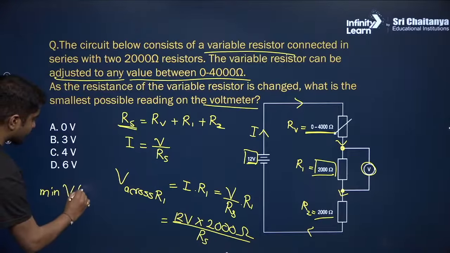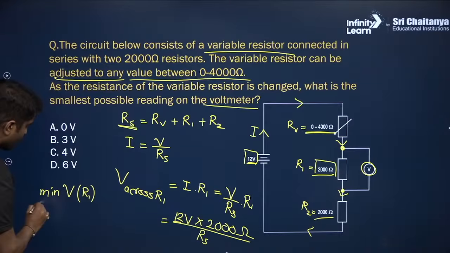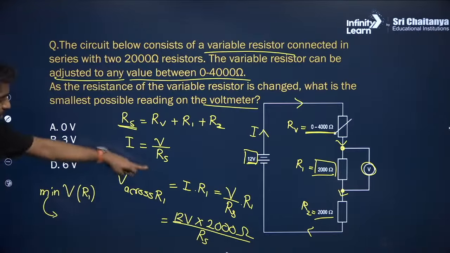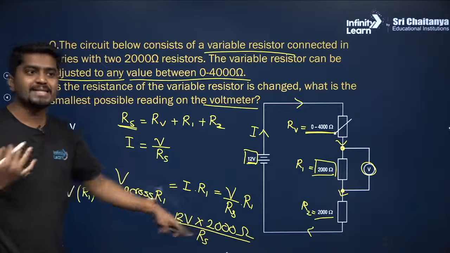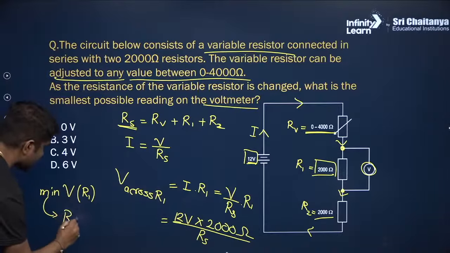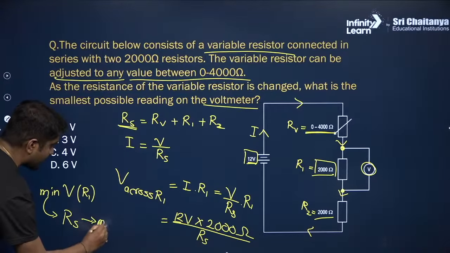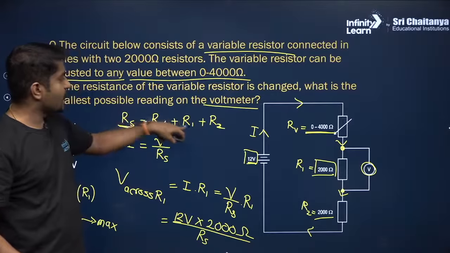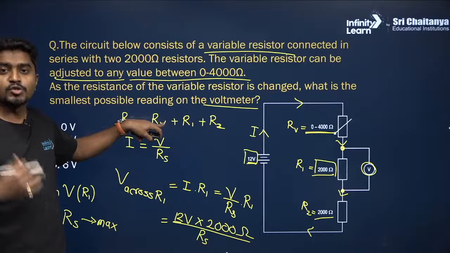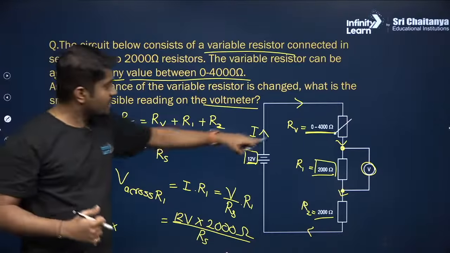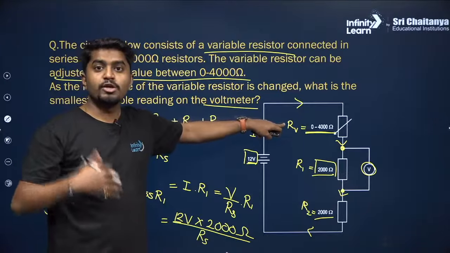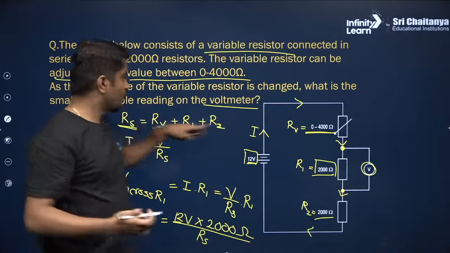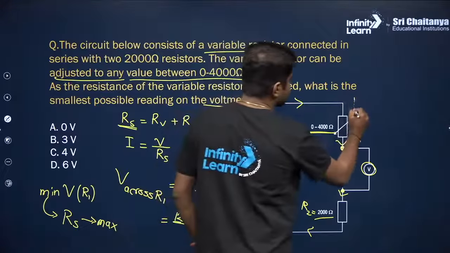If you want the minimum V across R1, the Rs should be maximum. So what is Rs? It is R1 plus R2 plus RV. Rs is going to be maximum if the RV is maximum, correct? So let's calculate the value of Rs.